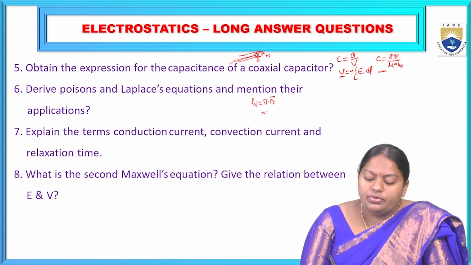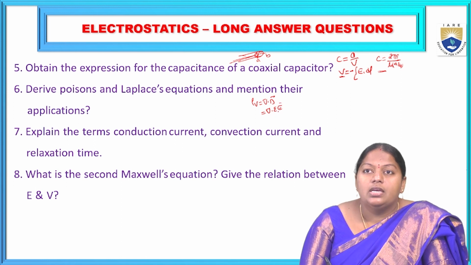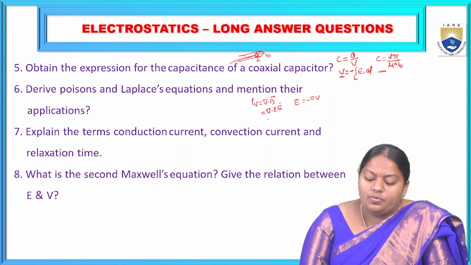If we substitute D bar by epsilon times E bar, and use the relation between electric field intensity and potential, E equal to minus del V, then we write del square V equal to minus rho v by epsilon, which is called Poisson's equation.